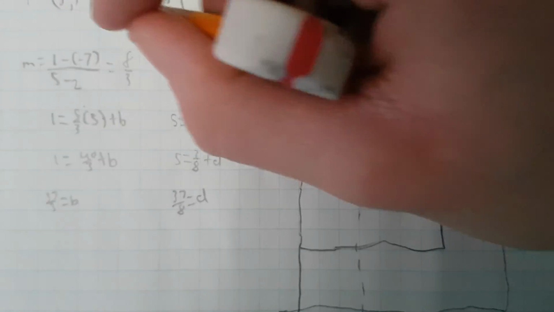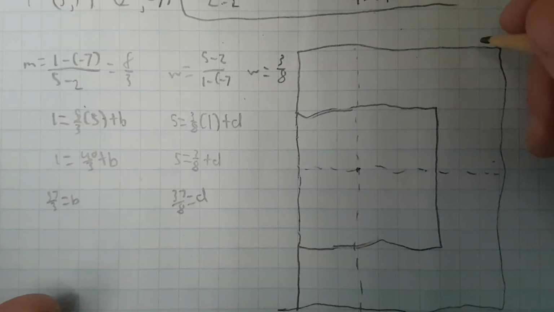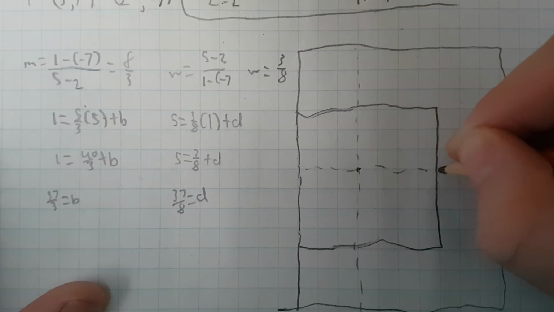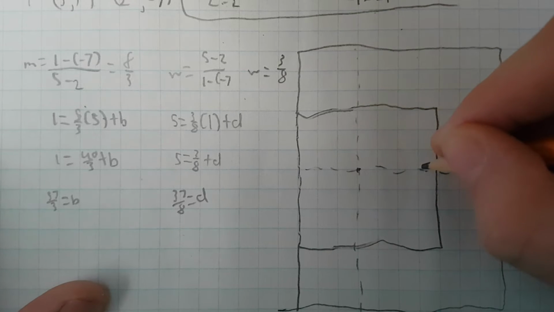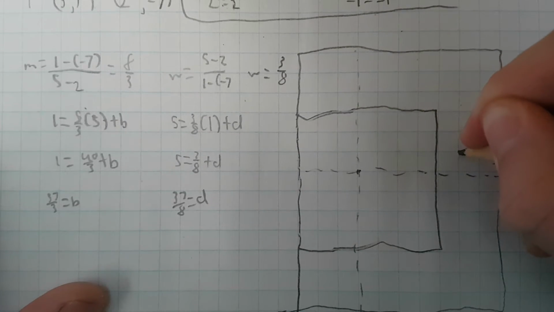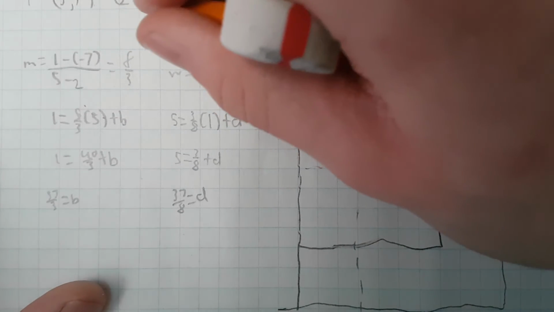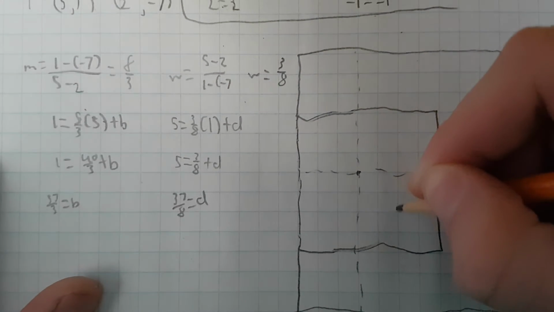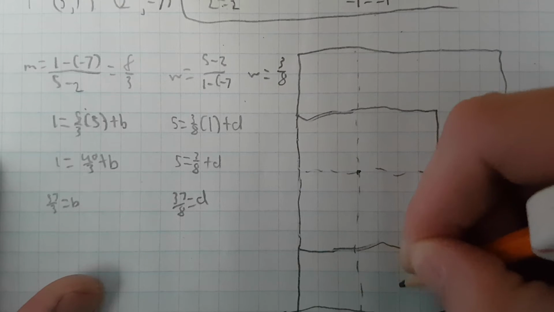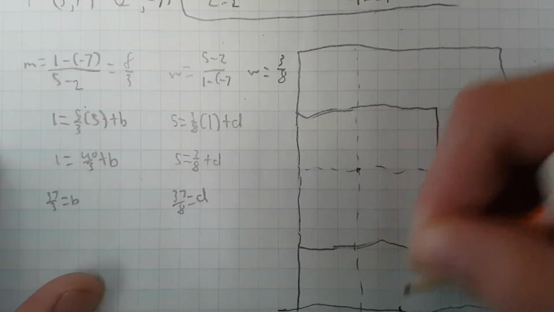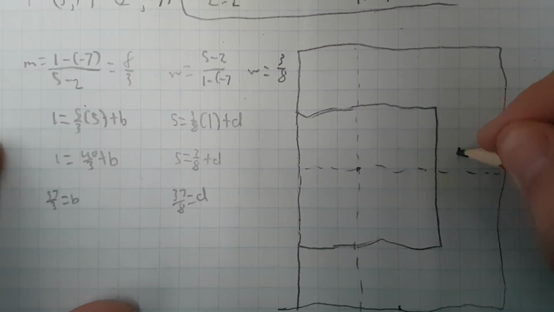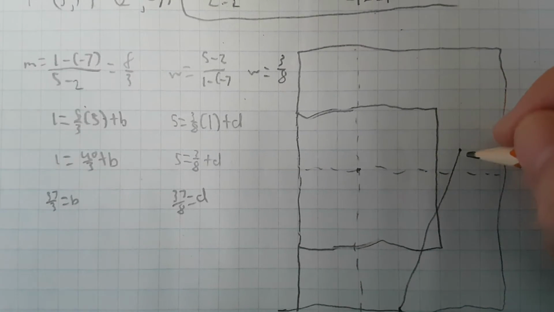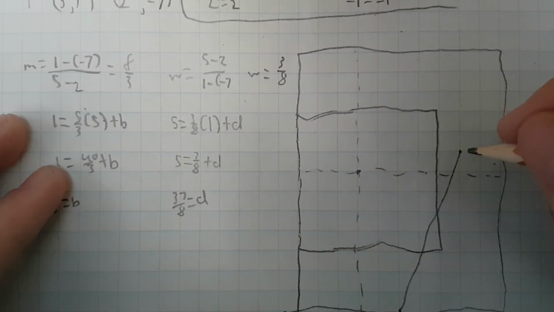Okay, our points were 5, 1. That's 1, 2, 3, 4, 5, and 1. And 2, negative 7. 1, 2, 3, 4, 5, 6, 7. So that's our line. I'd say, what's the difference?